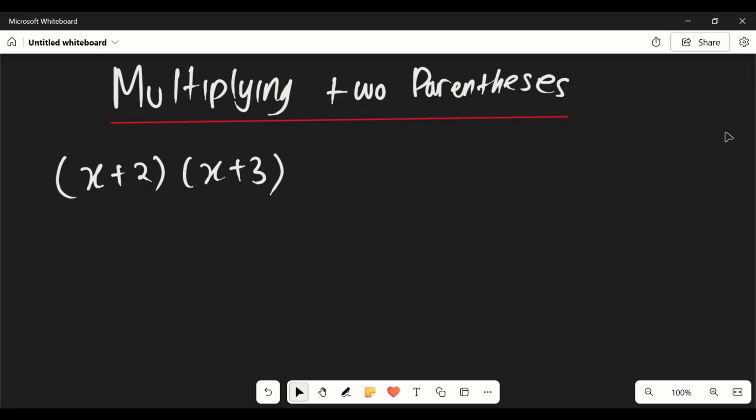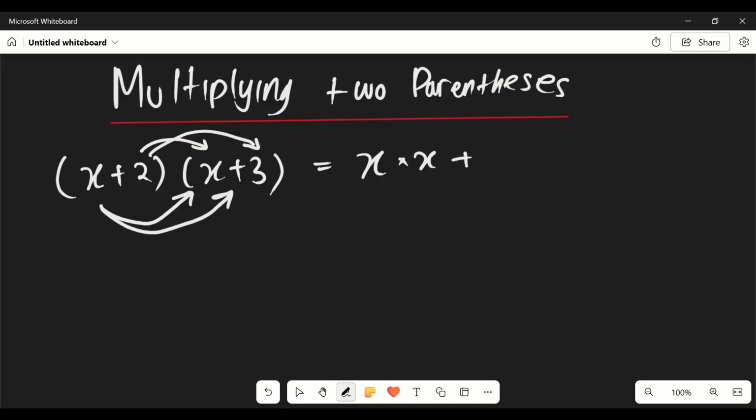Let's go one step further. If you have a problem like this, you have 2 parentheses, what will you do? First, we multiply each part of the first parenthesis with each part of the second parenthesis. So we get x times x plus x times 3, and for the second we have 2 times x plus 2 times 3.